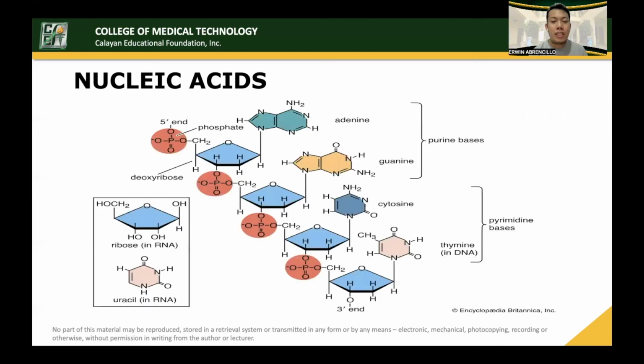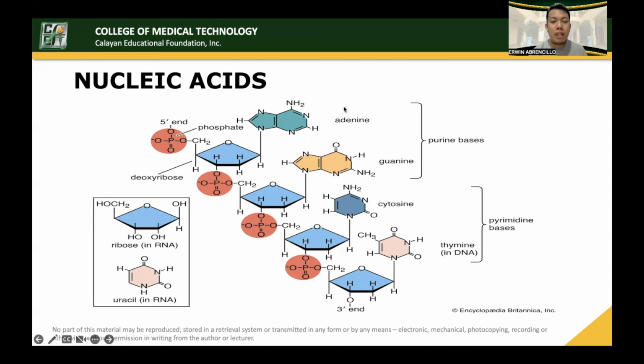So this is the structure of the nucleic acid that has carbon-containing compounds, and these also contain functional groups. You have here the phosphate group, the PO4, this one. And then you also have here the deoxyribose, the sugar, that it is bonded with. This is the backbone, deoxyribose, until the end.